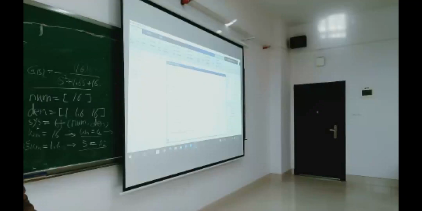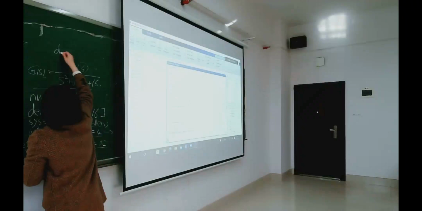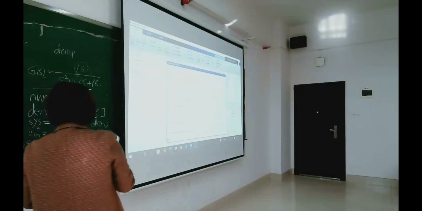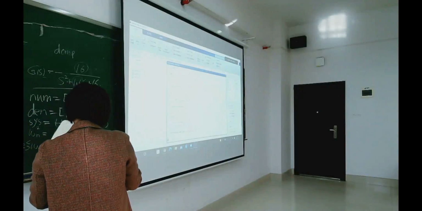Let's find the code here. No, not here. Oh, okay, here. Here's a code called damp, and this is used if you want to get omega n and zeta.